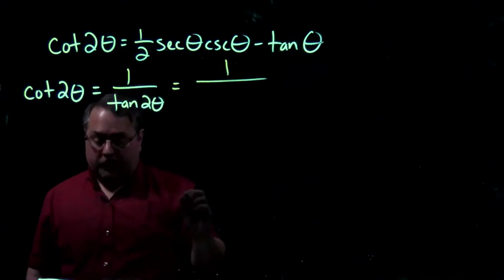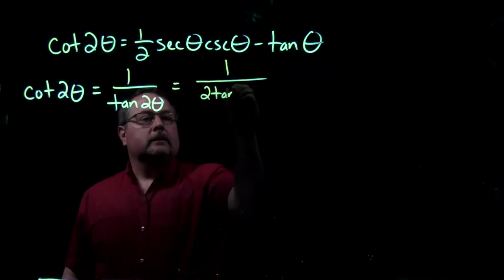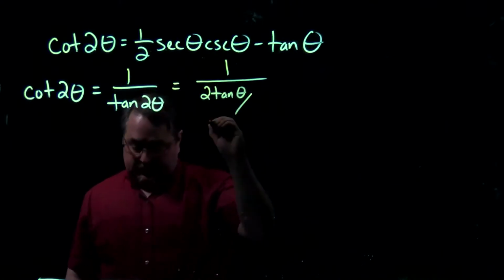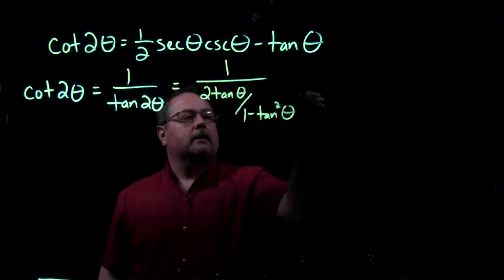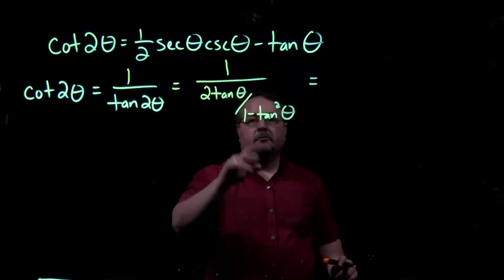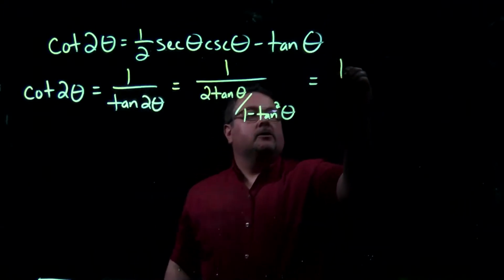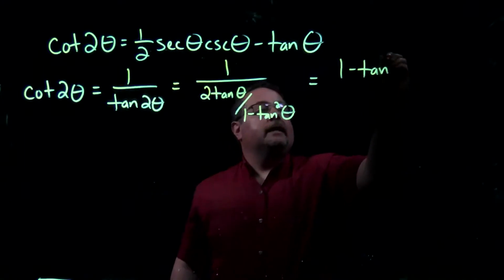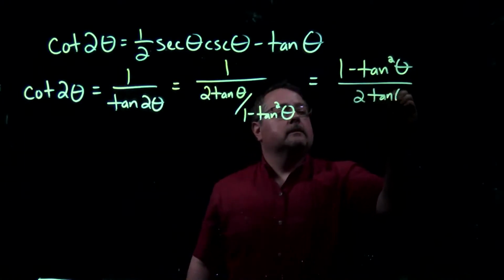Okay, and now we can use the double angle formula for tangent, which was 2 times the tangent of theta over 1 minus tangent squared theta. Okay, so really we're taking the reciprocal of 2 tan theta over 1 minus tan squared theta, and that's 1 minus tan squared theta over 2 tan theta.